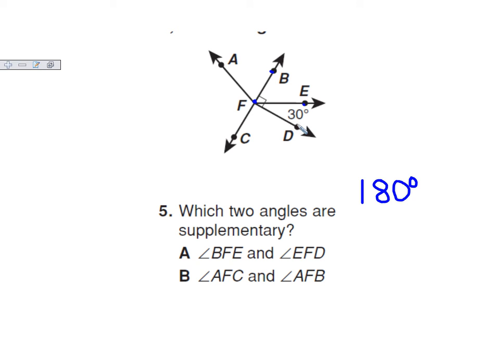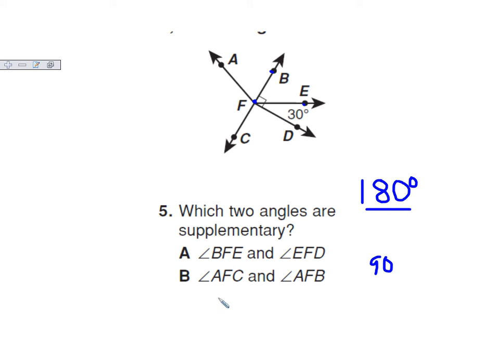That forms a 90-degree angle. BFE and BFD form 90, and that's called complementary angles. Two angles that are complementary add up to 90 degrees. So that's definitely not supplementary. Supplementary adds up to a straight line or 180.